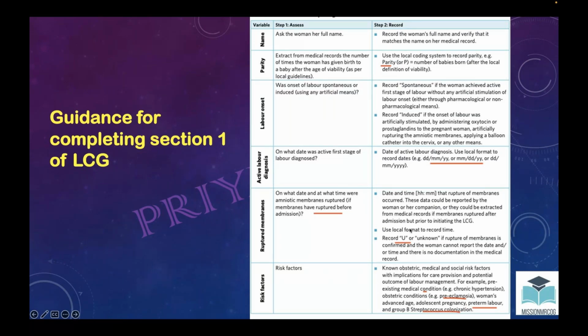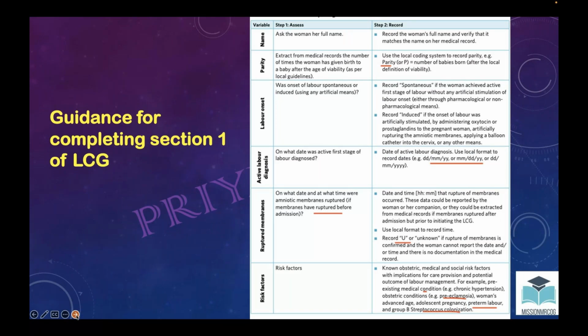And risk factor: when we take the patient history, we take obstetric risk factors, medical or social risk factors. For example, PET, preeclampsia, hypertension, advanced age, adolescent pregnancy, preterm labor, and GBS, whatever is the risk factor. So this is the guidance to fill section 1 of the LCG.